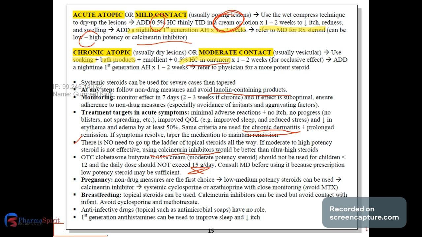Anti-infective drugs have no role, especially the topical ones, and more importantly, the antibacterial soaps. There is no role of antibacterial soaps in management of dermatitis. And first-generation antihistamines can be used to improve sleep and reduce itch. And as we said before, usually when you speak skin, first-generation antihistamines are the most effective antihistamines.